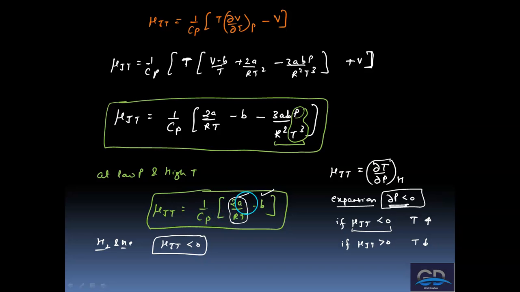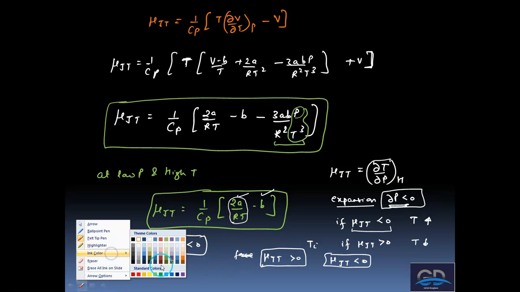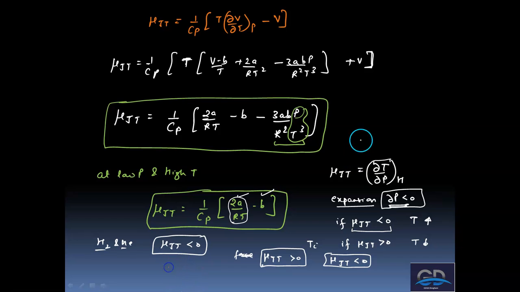Now over here, one thing more I want to say is that for the same gas, mu JT, which is earlier more than 0, after a certain temperature becomes less than 0, which means the nature of the gas changes after a particular temperature, and that temperature is known as inversion temperature and denoted by Ti.